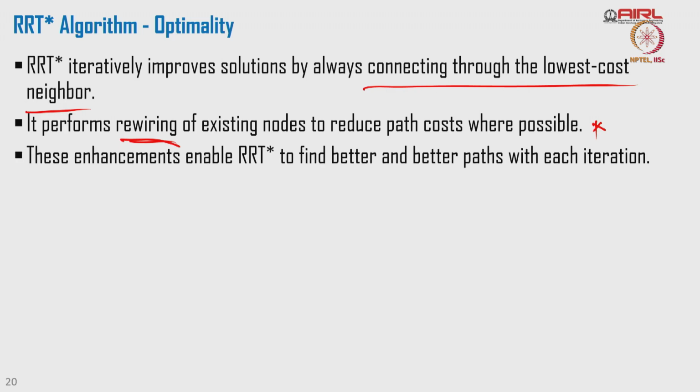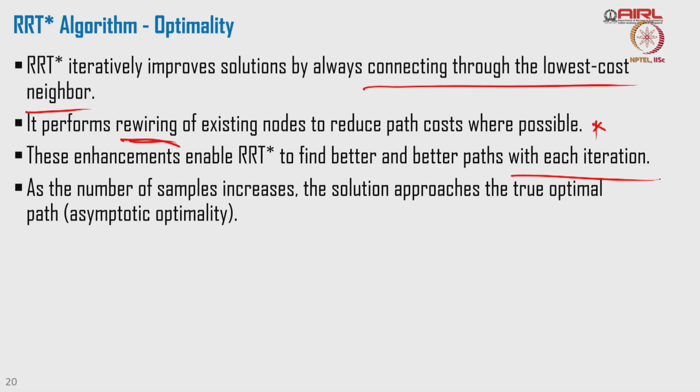These enhancements enable RRT star to find better and maybe smoother or shorter paths with each iteration. As the number of samples increases, the solution approaches the true optimal path. Okay. So, as we are checking it for more number of iterations and the number of samples are also increasing in the environment, the solution approaches the true optimal path.